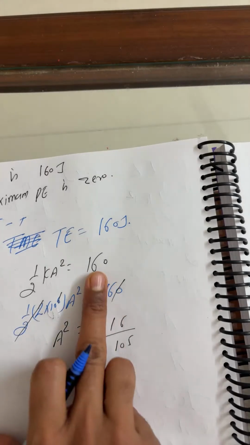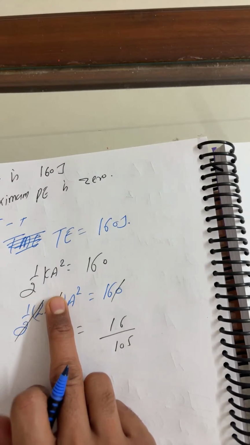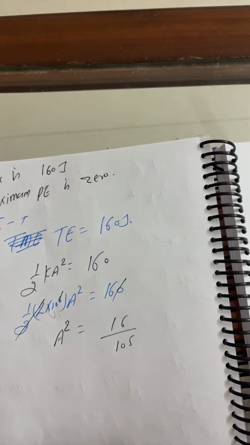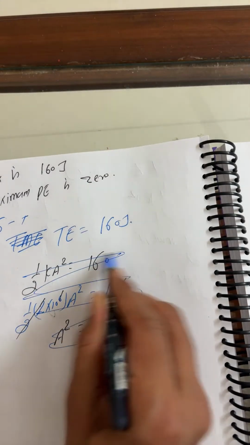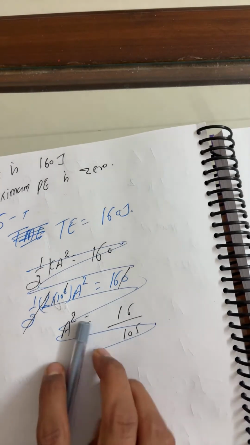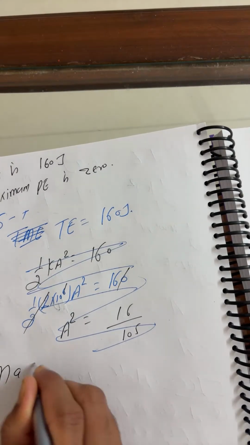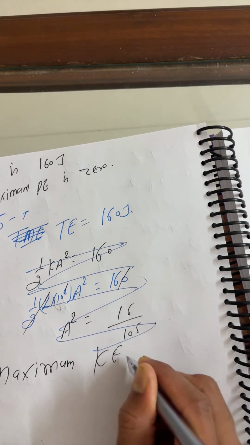This is the total mechanical energy, half of Ka square, because in this question we wish to find maximum potential energy and maximum kinetic energy. Let us suppose I wanted to find maximum kinetic energy.